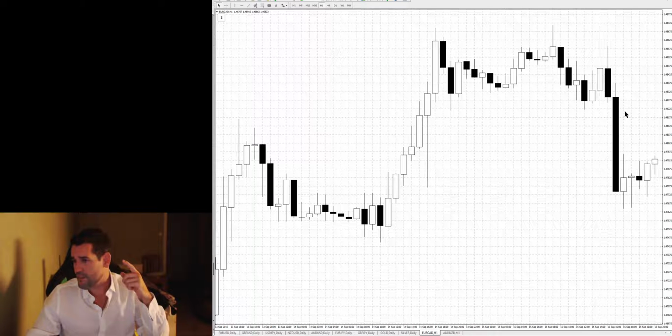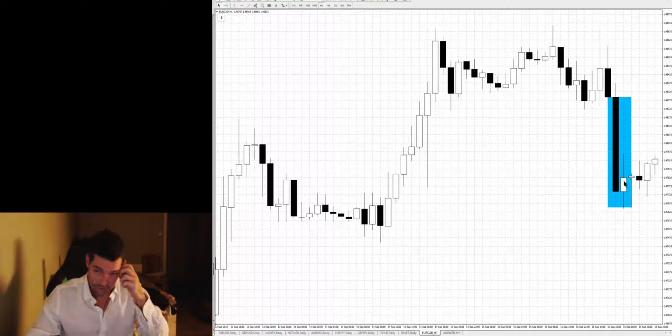Harami is, as you see, this bar here. So this huge black thing, and this white here.